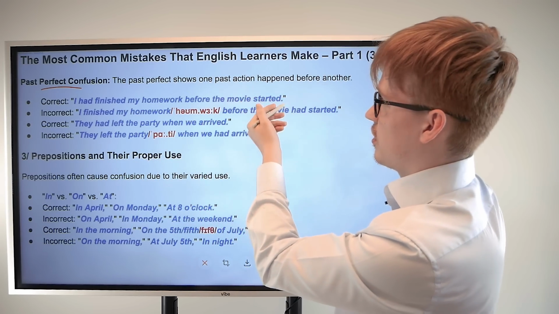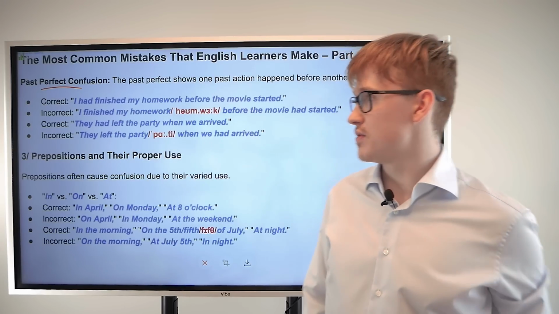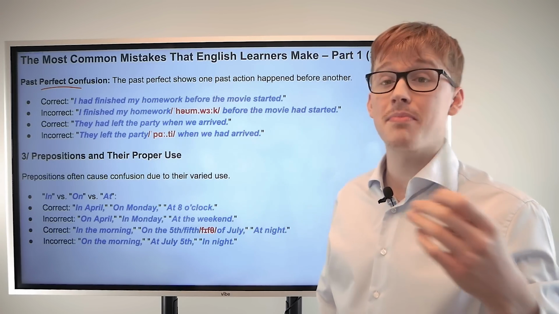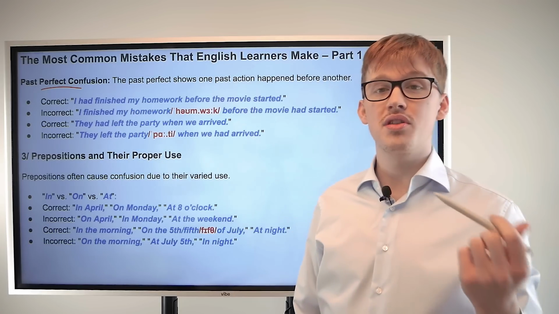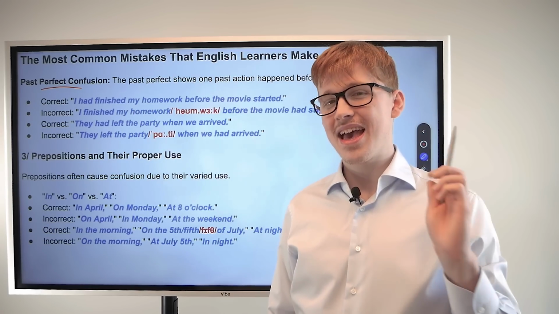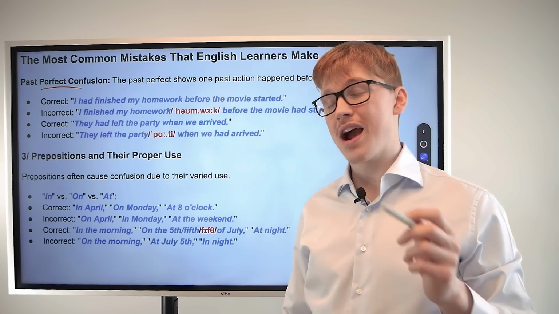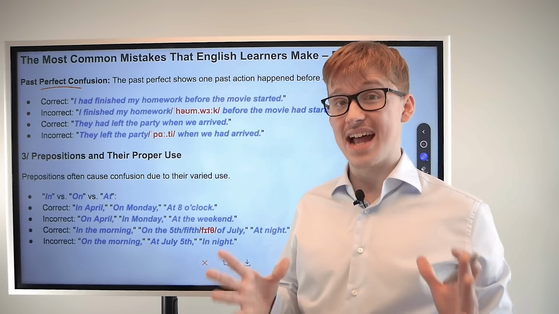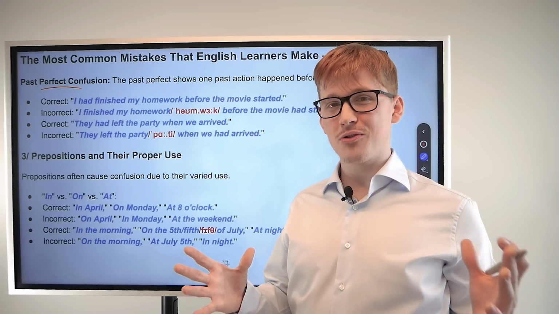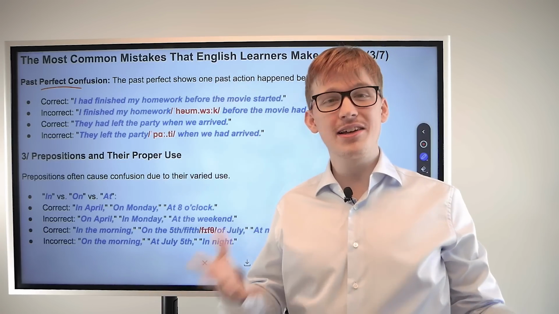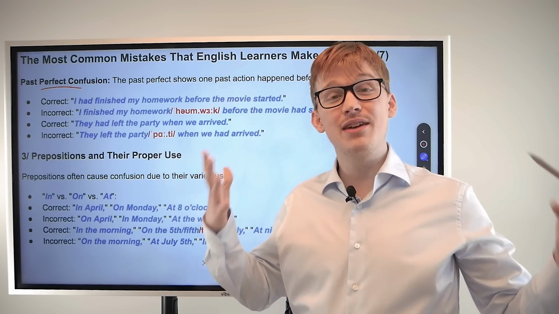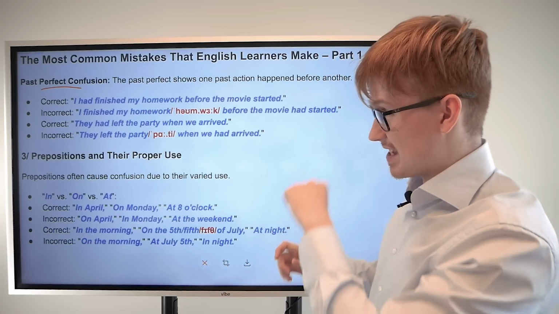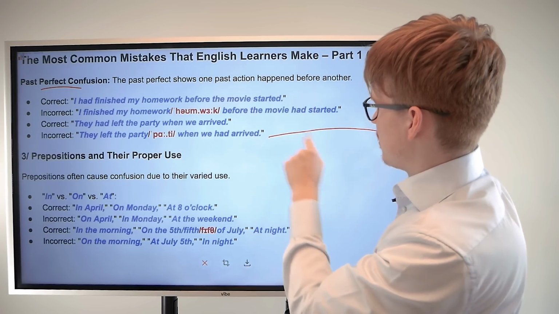And yes, here we go. Let's have a look at how we would use this. A correct way of using this is: I had finished my homework before the movie started. A good way of practicing the tenses and figuring out where they all stand in time is drawing out a timeline, a little map for yourself to really ingrain in your mind when these things happen. Let's draw this one out.